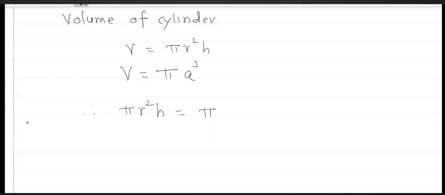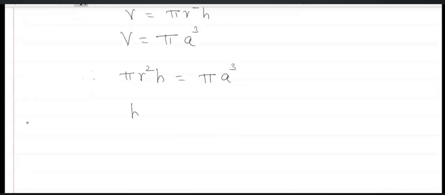Now we'll equate this here. Pi r square into H is equal to pi a cube. Pi gets cancelled. H is equal to a cube upon r square.